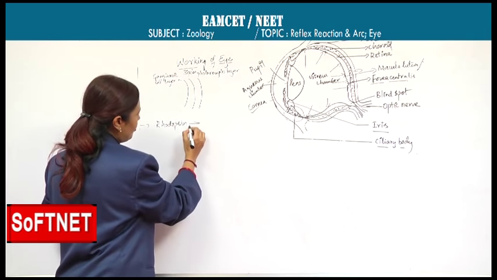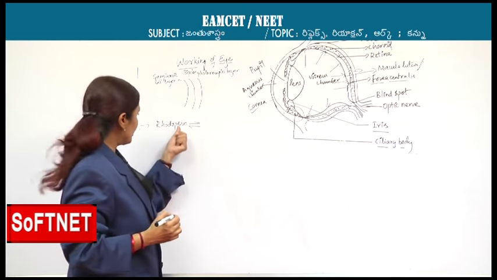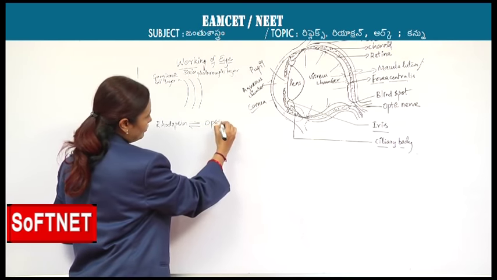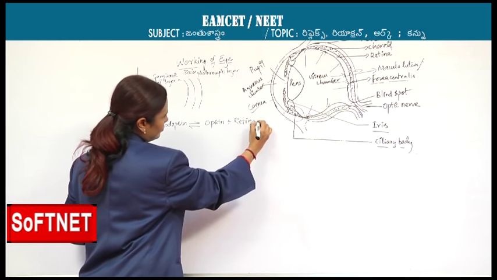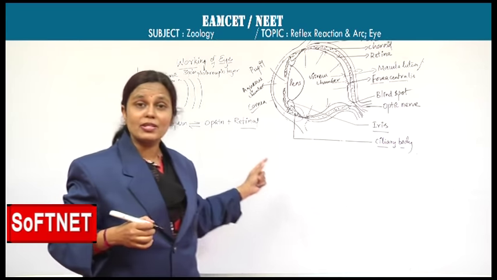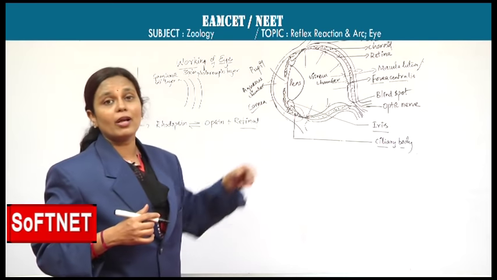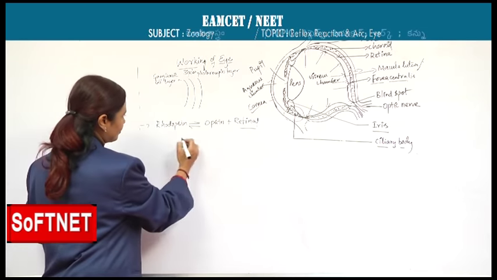Rhodopsin is a reversible product, we already discussed. When light falls on these rods, rhodopsin gets dissociated into opsin plus retinal.